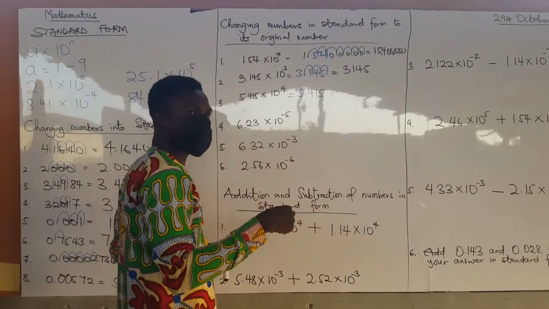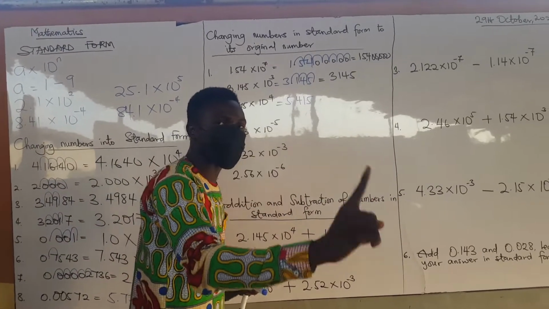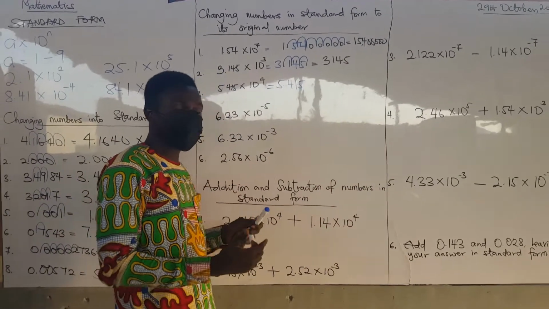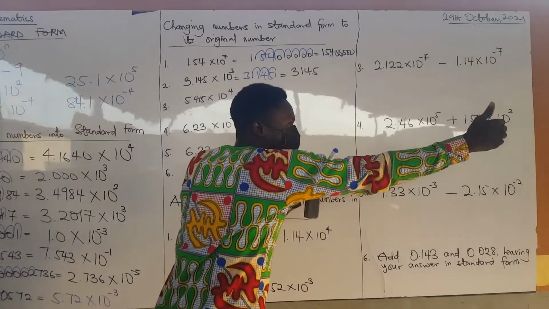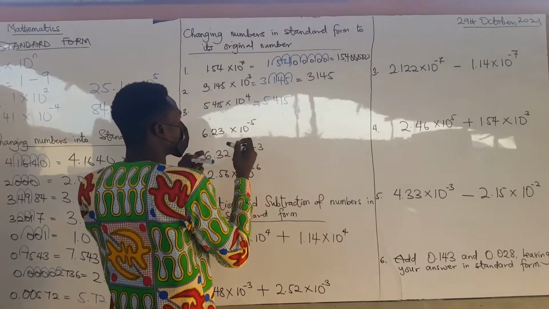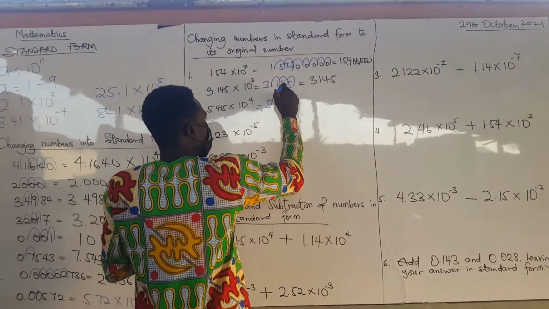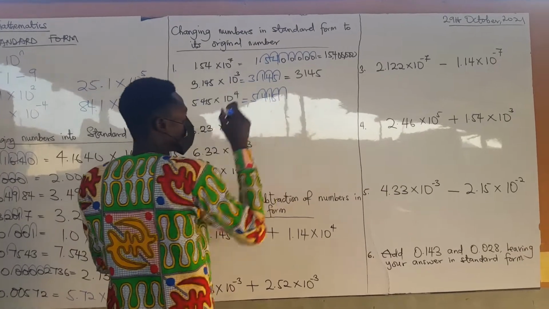Consider the power of 10. The power of 10 is 4, and therefore it is positive. So because it is positive, I will move to my right. So moving to your right 4 times is going to give us 1, 2, 3, 4.